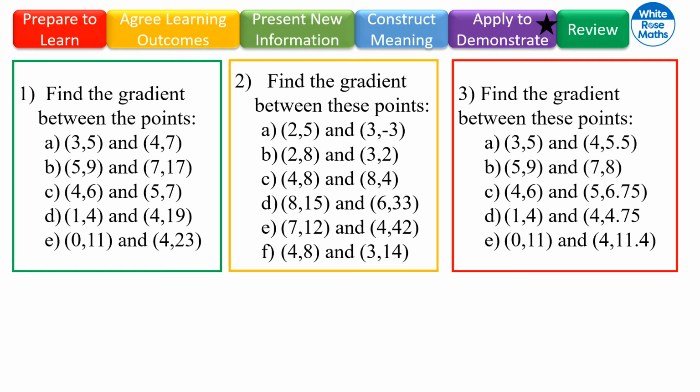Obviously we've got green where there's no negative coordinates, yellow where there's some slightly harder numbers and maybe a few negatives in there, and red where we've got some decimals and just more tricky gradients. So you might end up with a gradient as a decimal or a fraction, but that is okay. So pause the video, have a go, see how we get on.